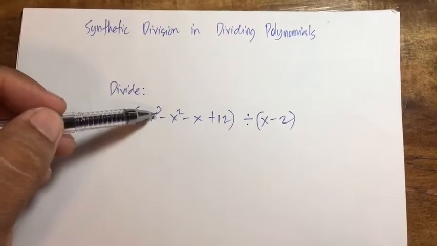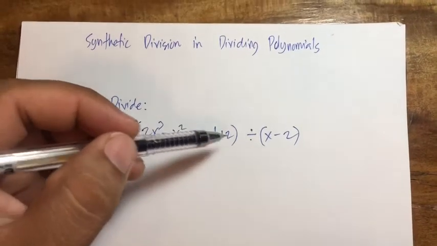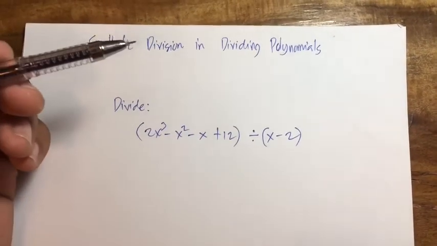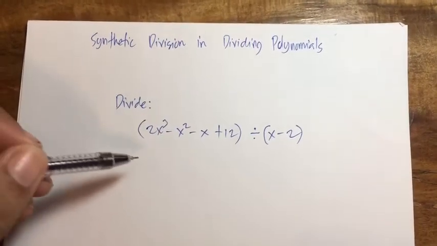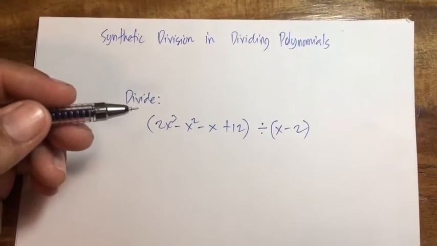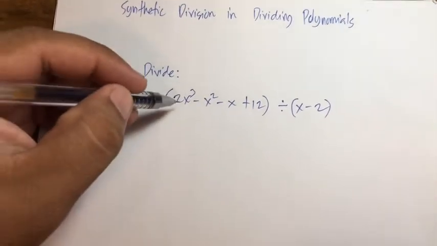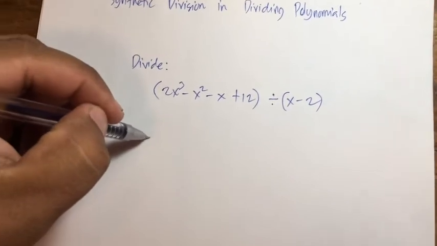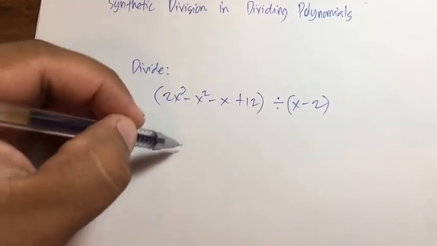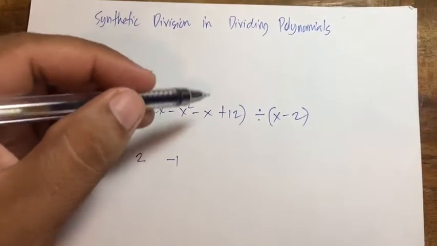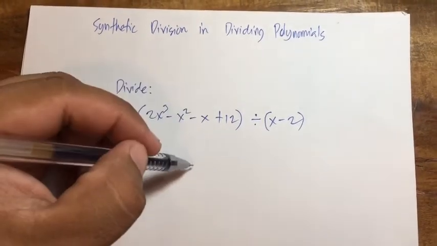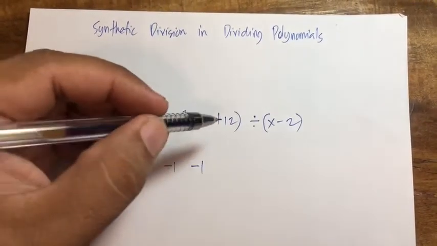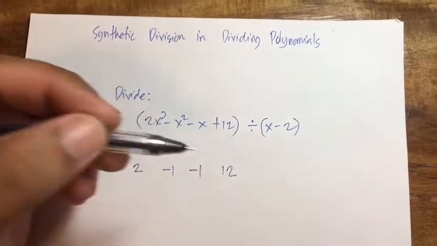So we have 3, 2, 1, then x to the power of 0. Good. So in that case, we can use our numerical coefficients. We will have here 2, then negative 1. Numerical coefficient of x is again negative 1, then 12.